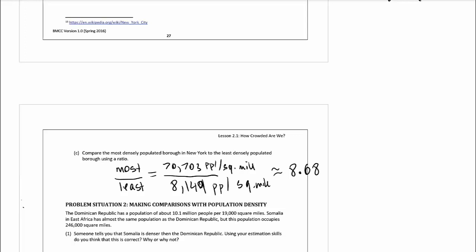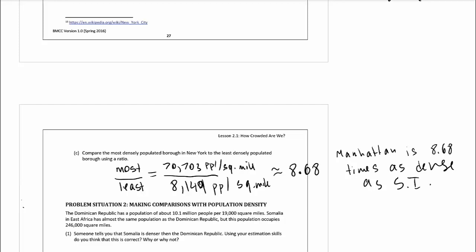6, 8. And then do you remember what words we use when we get the comparison? Well, let's write that in a sentence. I'll give you a moment. All right, let's review. So we say that Manhattan is 8.68 times as dense as Staten Island.